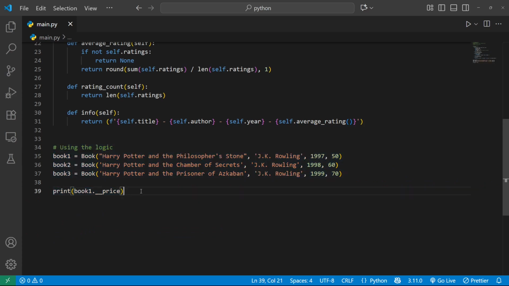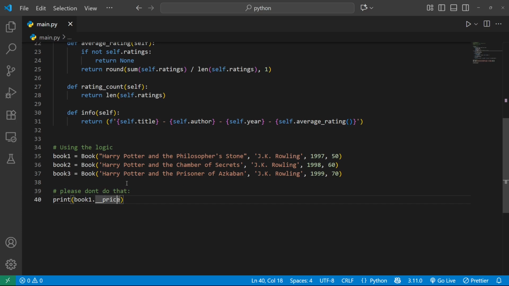But the problem is that there is a way you can use it outside, but it's not recommended. We call it a hack. So you shouldn't do that, okay? So please don't do that, okay? You can write it like this.